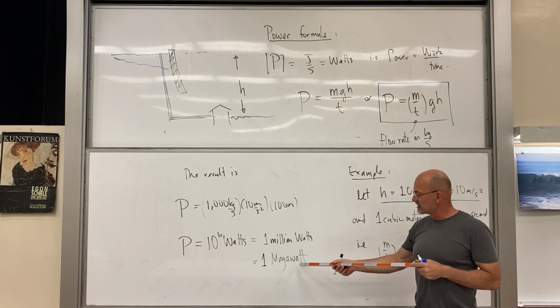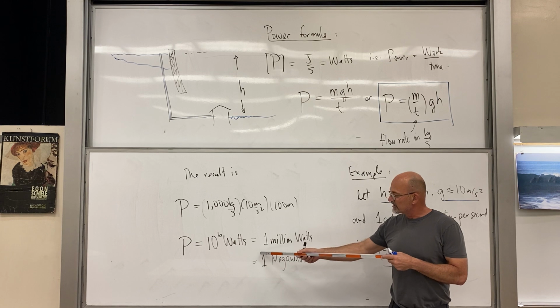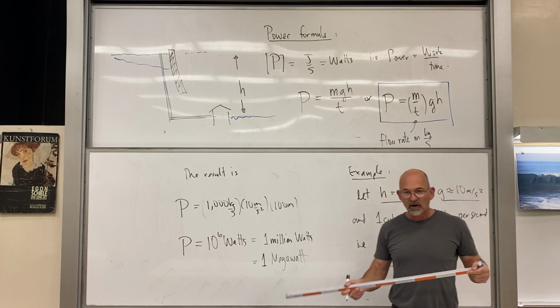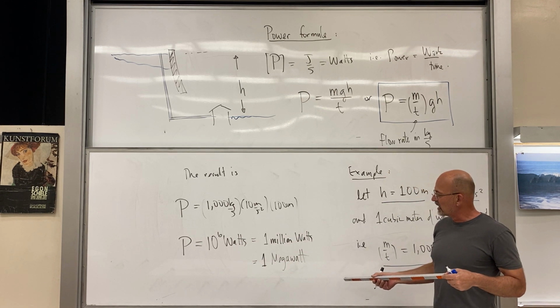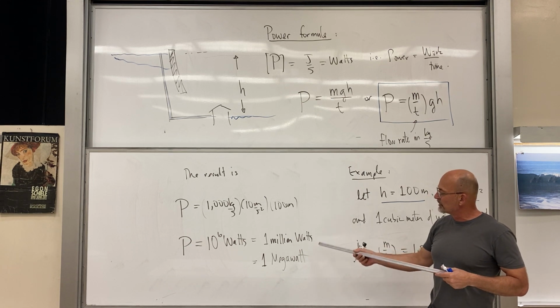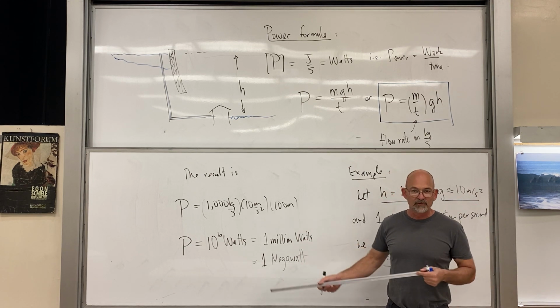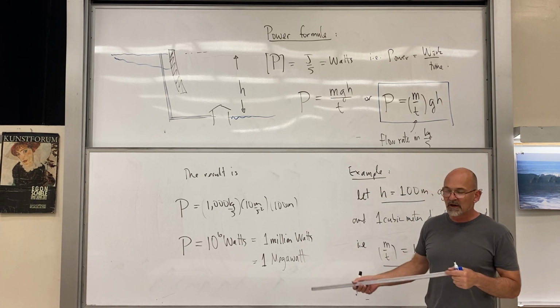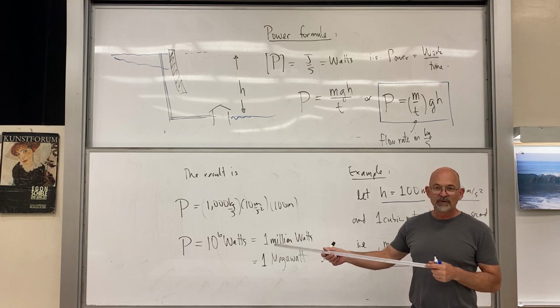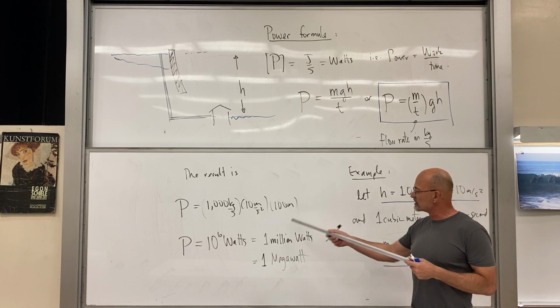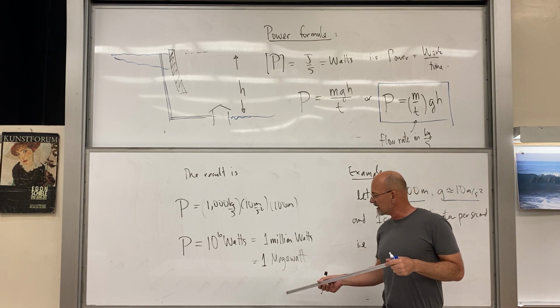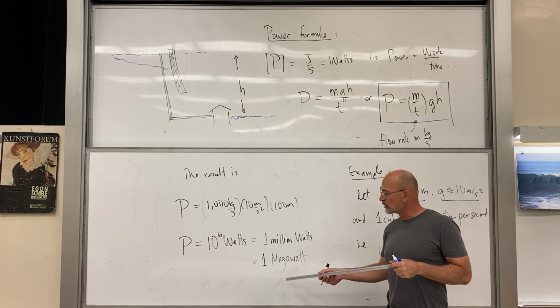So 1,000 times this much is what we're using to run our civilization. And as individuals, we use 1,000 watts, maybe a kilowatt at a time, maybe even more sometimes. Okay, but those are the relative quantities.